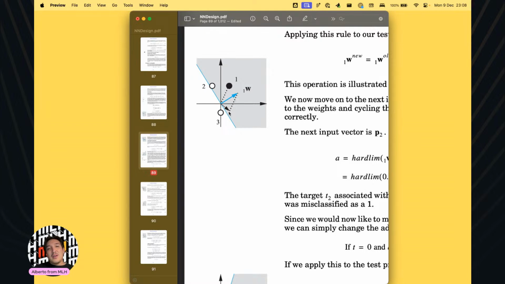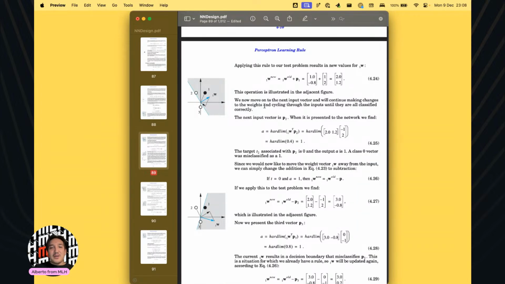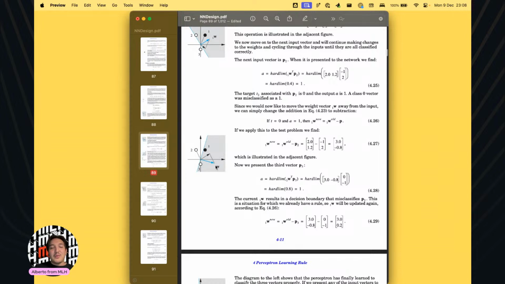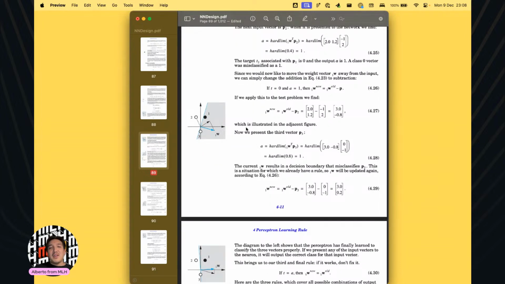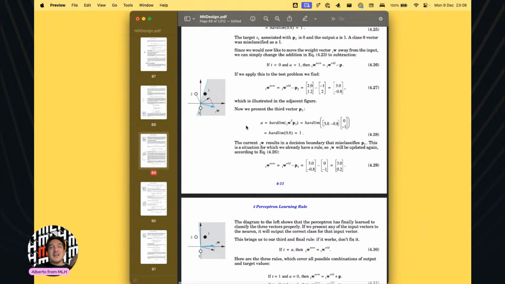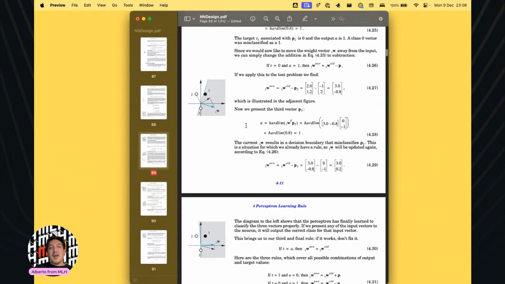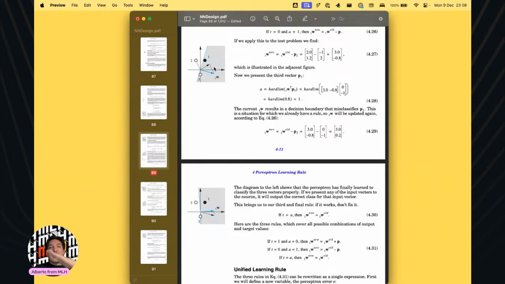So the next time it will be a vector in the middle of those two. It's a very good way to do this. And the next time you keep adding the vector to that, so it will move the decision boundary towards the direction you're looking for.